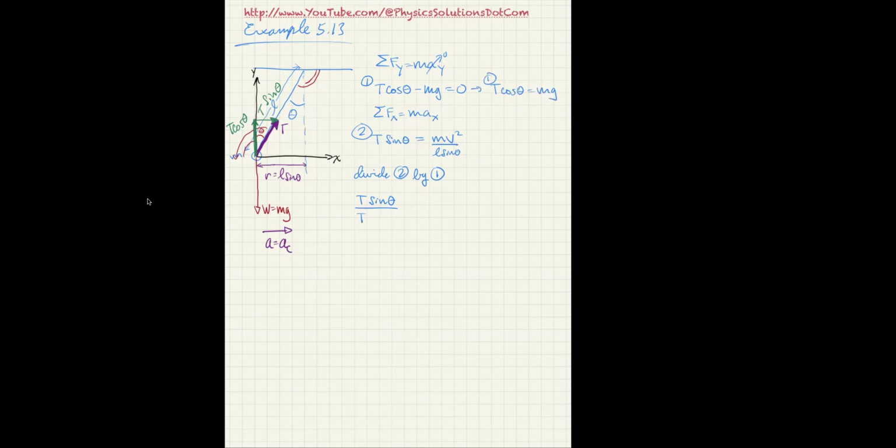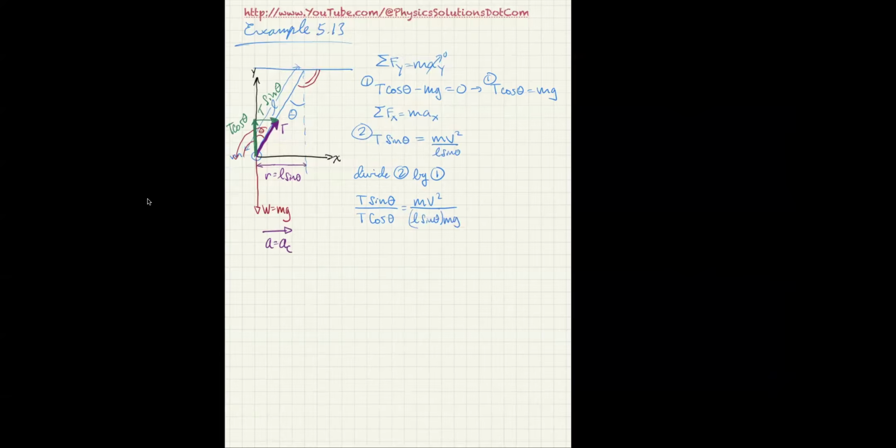So when I divide it, it's going to become T cosine theta on the left-hand side. And then on the right-hand side, I've got the right-hand side of 2, which is mv squared over L sine theta, but also divided by mg. So all of that's going to be multiplied by mg down here at the bottom.